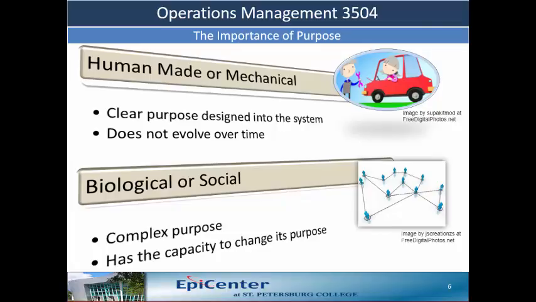In other words, mechanical systems do not evolve over time. On the other hand, living or social systems continuously evolve and have the capacity to change their purpose over time. For example, organizations may have complex purposes, so complex in fact that sometimes it is difficult to fully understand their purpose.